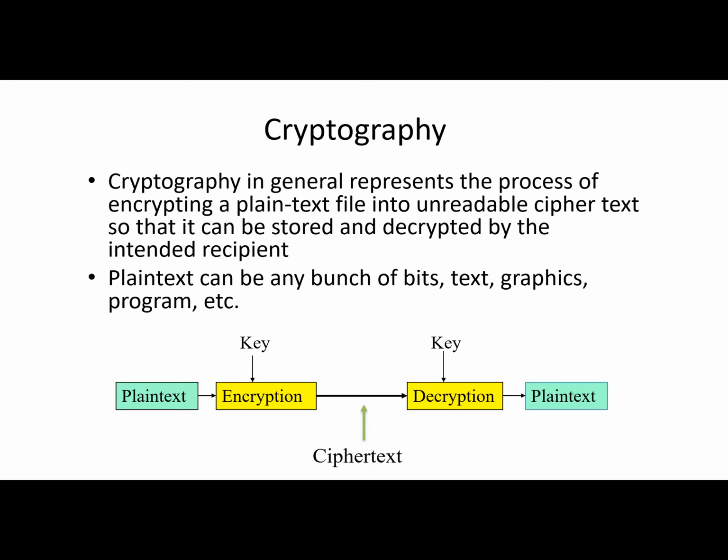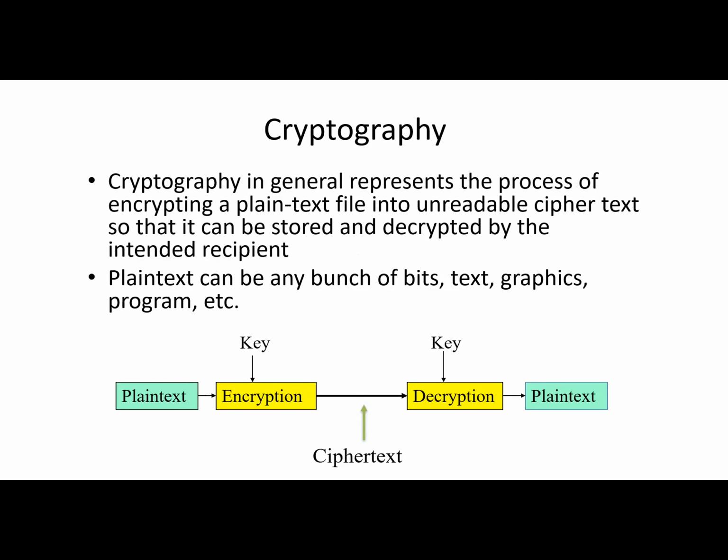Okay, basic concept of encryption is you got plain text, and plain text can just be a bunch of bytes. It doesn't have to be text. It can be a picture. It can be a document. It can be a program. Bits are bits. And then you run it through the encryption algorithm with a key, and it scrambles it up so it looks completely random. And we call that ciphertext. Ciphertext is the encrypted version of the plain text.